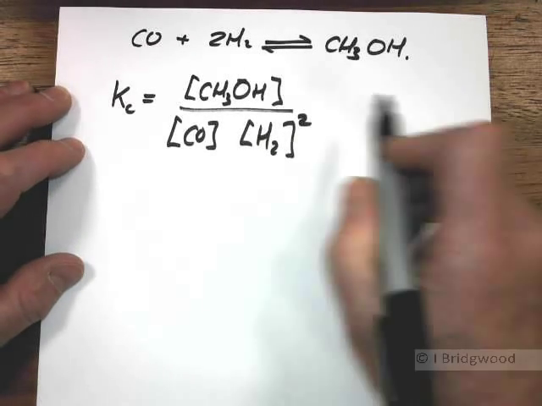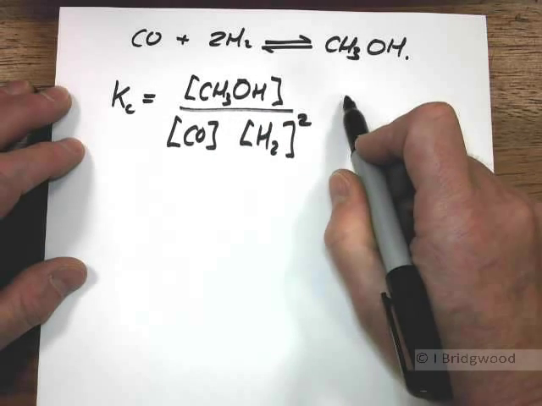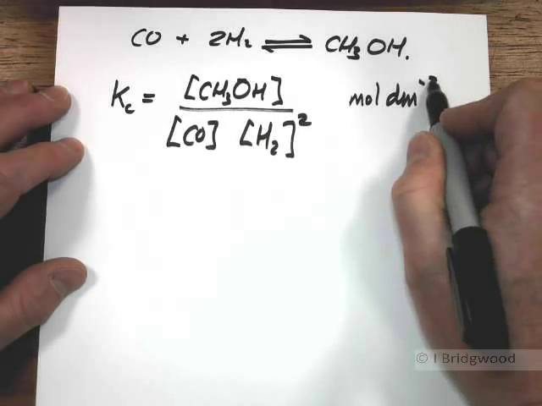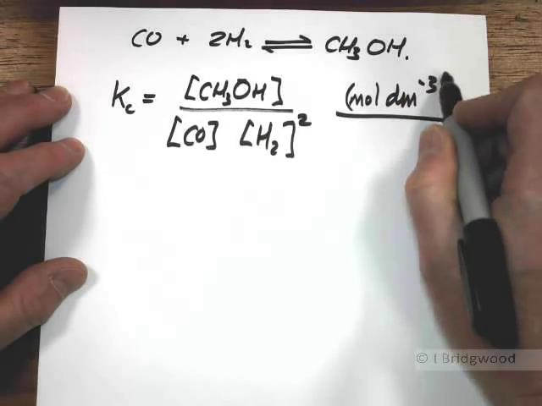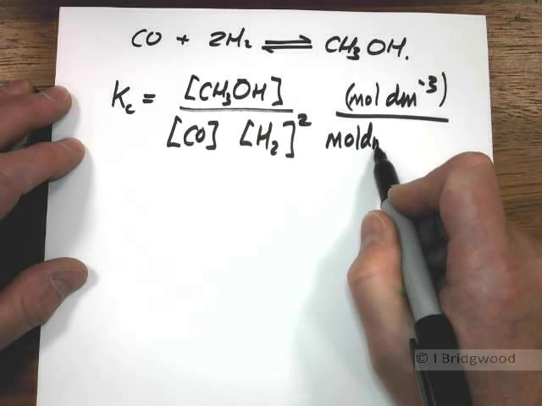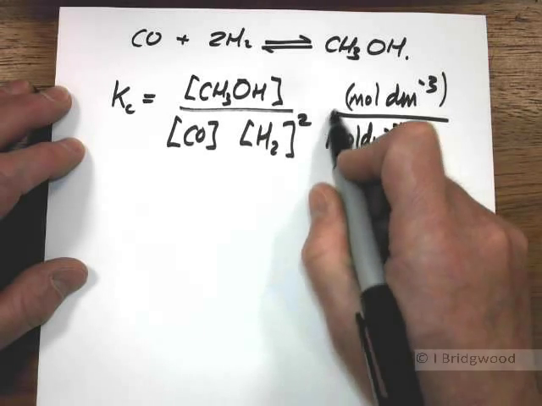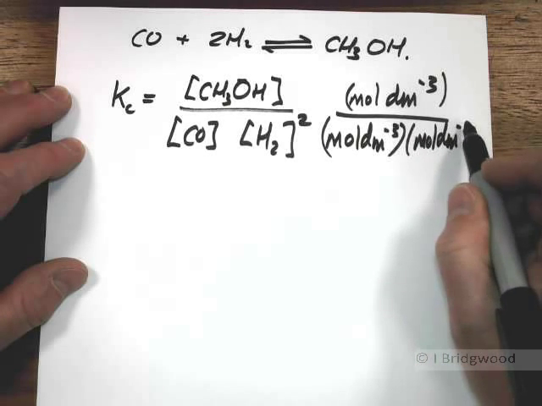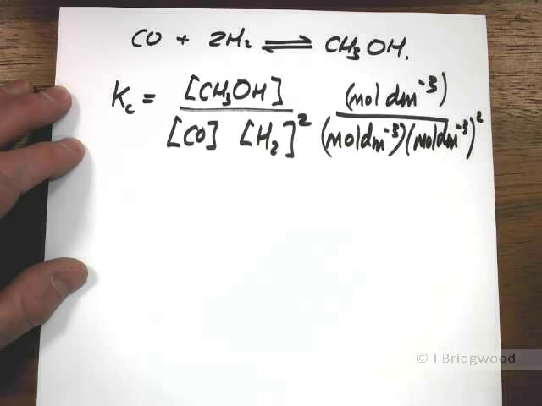So what about the units? Well, our concentration is moles per cubic decimeter divided by moles per cubic decimeter for the carbon monoxide and moles per cubic decimeter squared for the hydrogen.